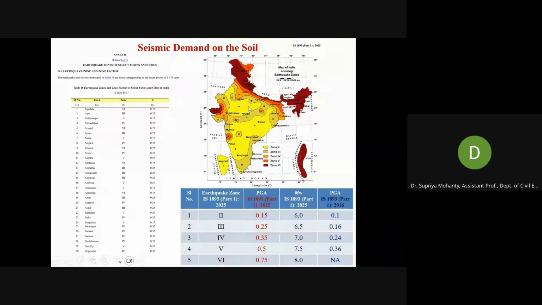Suppose you are in zone 2, there may be a chance of a magnitude 6 earthquake, and not more than that. And the seismic demand, like PGA value, is expected to be 0.15 g. So this represents the seismic demand for different locations, different regions. Depending on your project location, you need to pick the particular PGA value and the expected Mw magnitude.